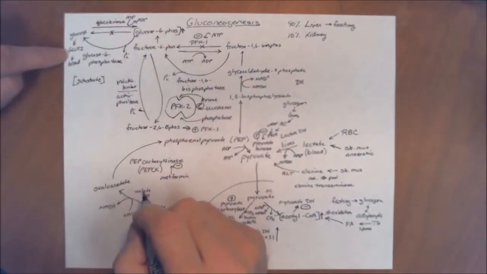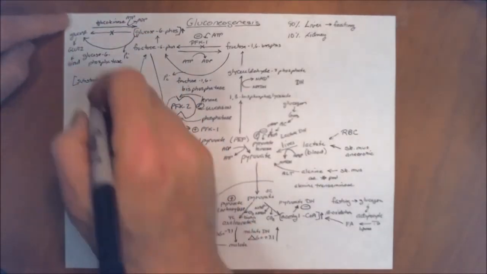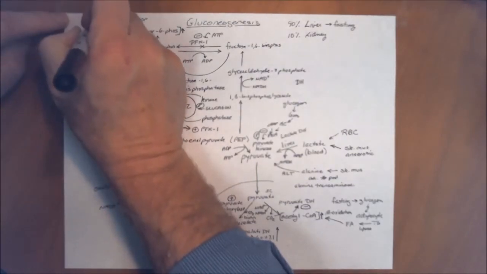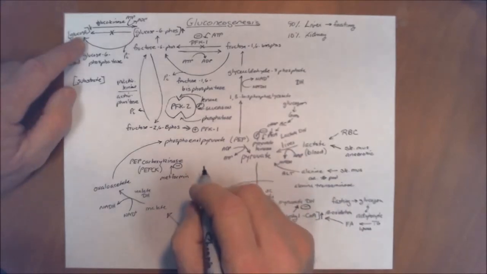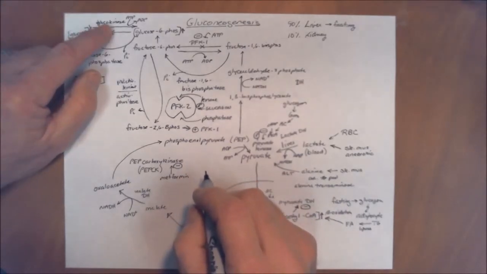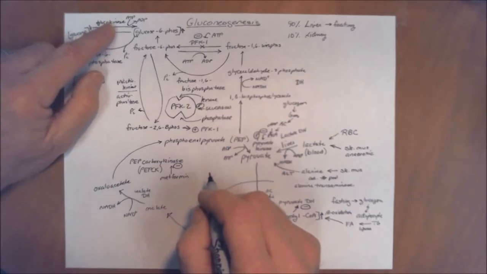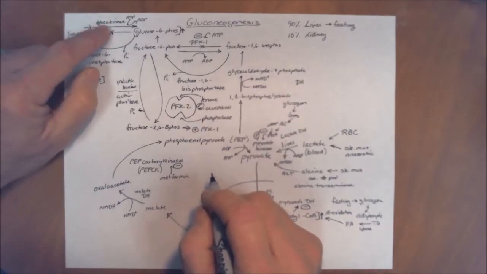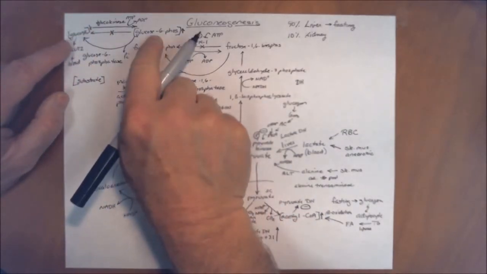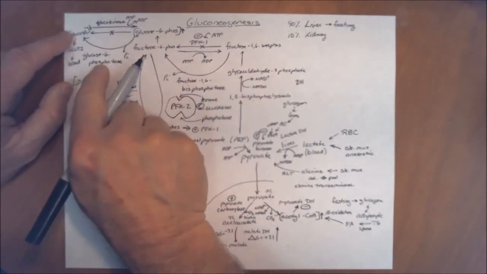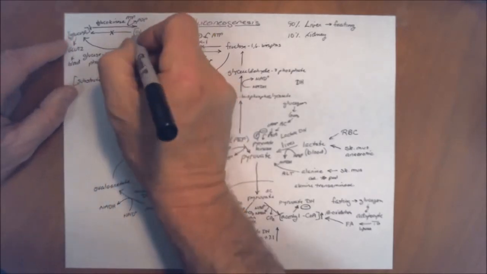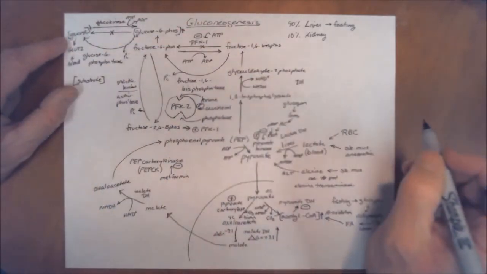Thus, because of this exiting, the glucose concentration under these conditions of fasting is very low. With a low substrate concentration, glucokinase is essentially inactive because it's a low affinity enzyme. There's not enough glucose for this enzyme to work. Conversely, we have a high concentration of glucose 6-phosphate, low concentration of glucose. This is a substrate for glucose 6-phosphatase, which will drive the reaction in the reverse to form glucose.